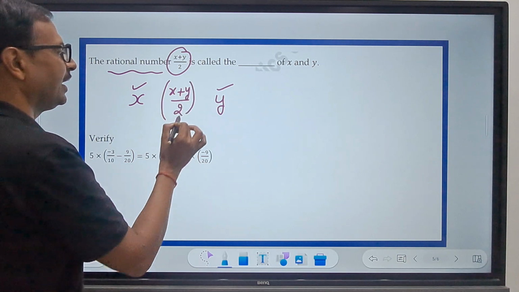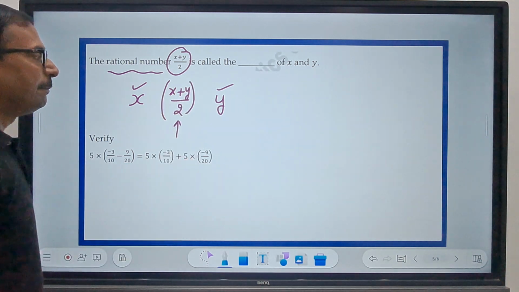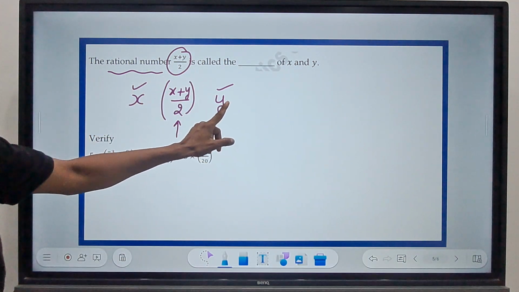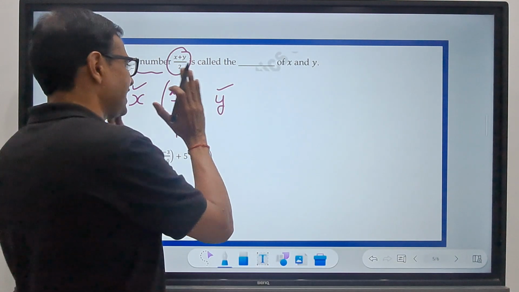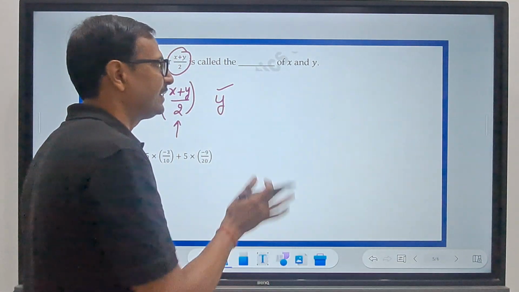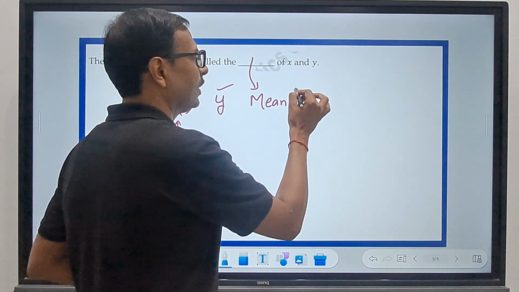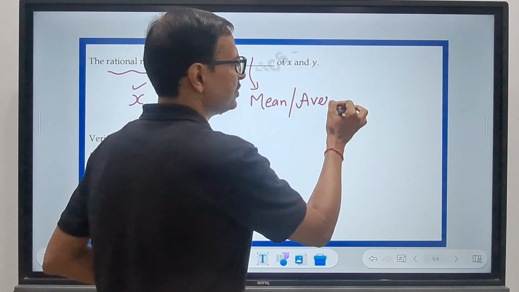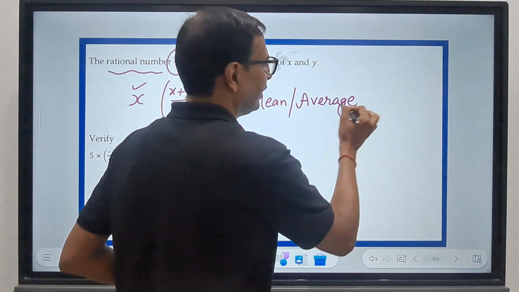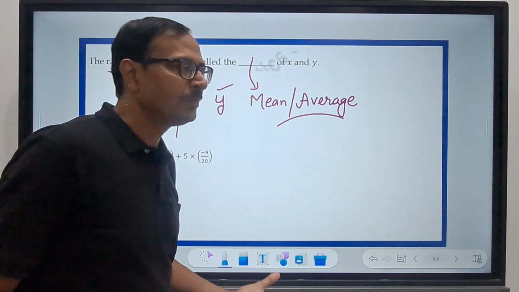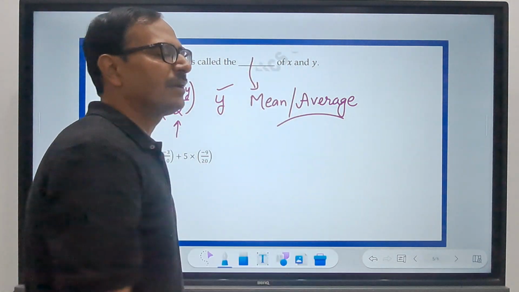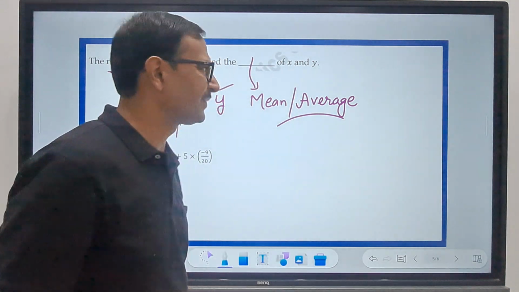This number lies exactly in the middle of x and y, and whenever a number lies exactly in the middle of two numbers, that number is called the mean, or you can call it the average of the two given numbers. So you can put any one word here, it will be correct.